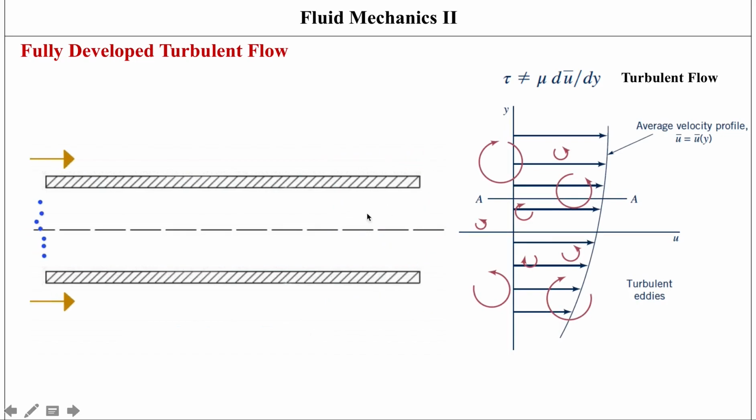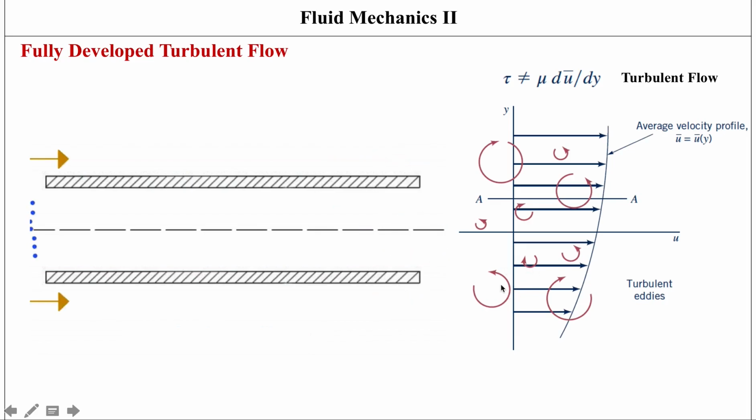So how is turbulent flow different from laminar flow? For laminar flow, the molecules were moving randomly on a microscopic scale. But for turbulent flow, we have these three-dimensional eddy type motions, and these eddies range from very small diameters, as small as the fluid particles, to fairly large diameters, which would basically give us the macroscopic look here.